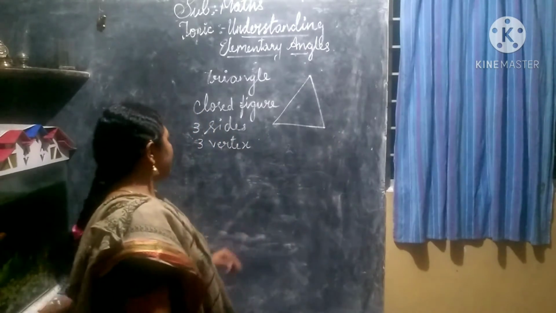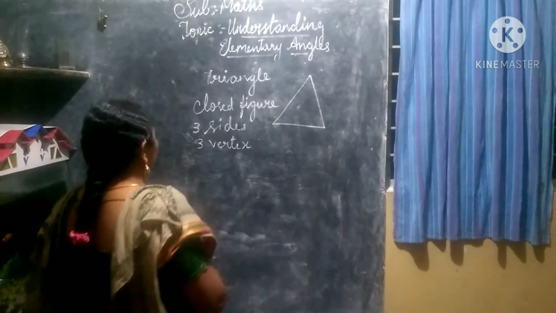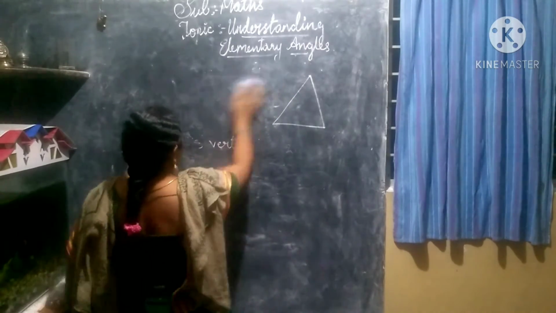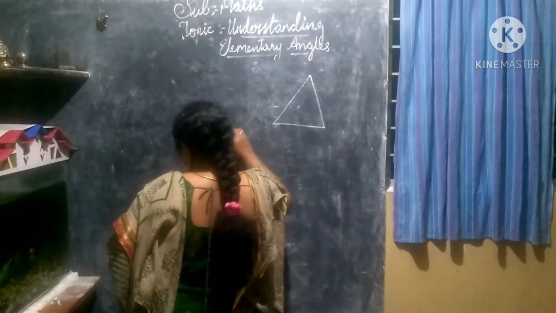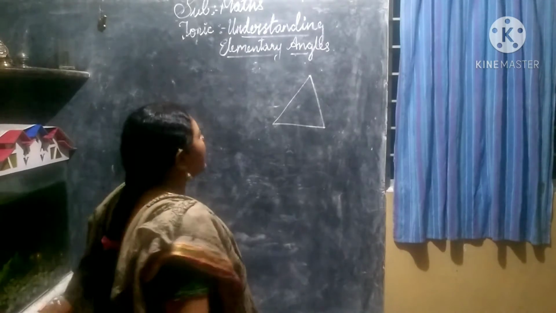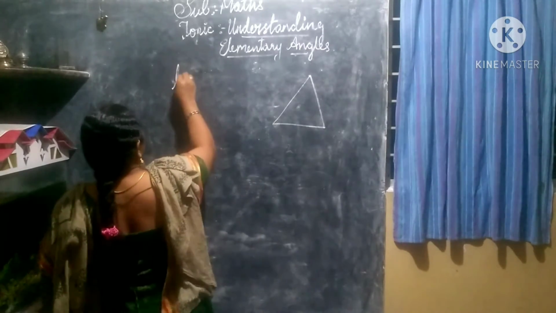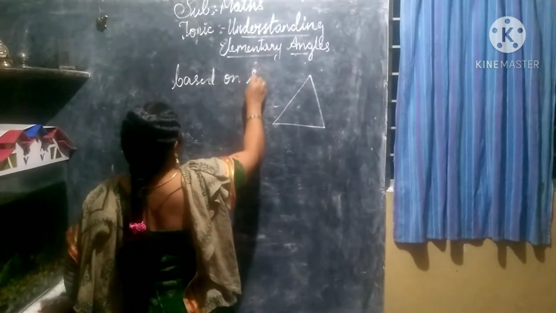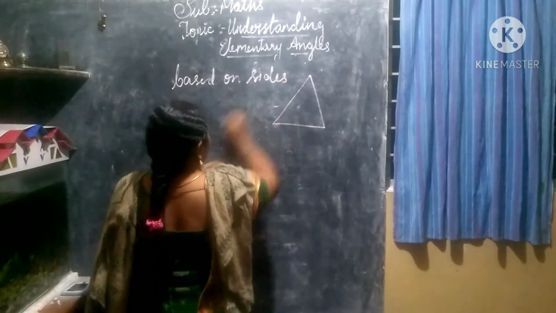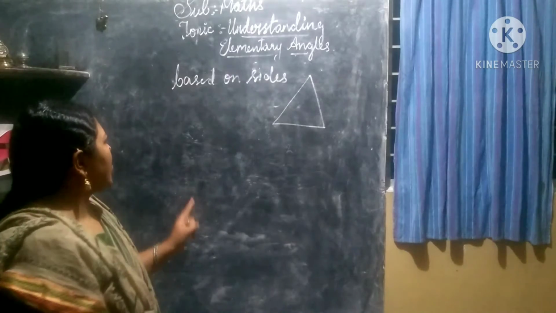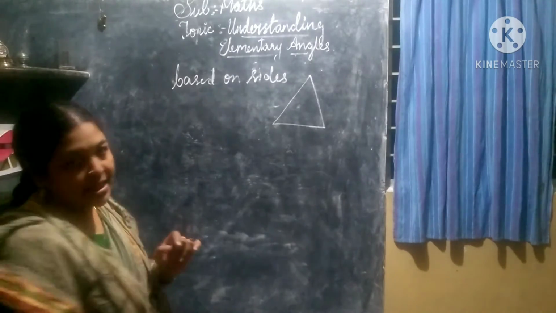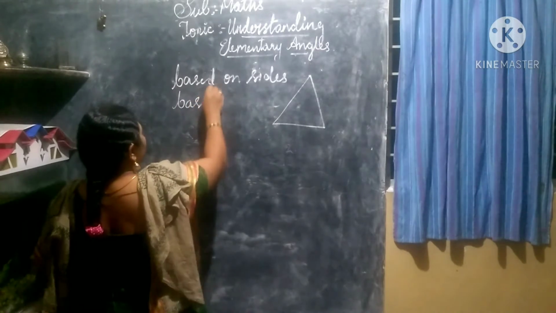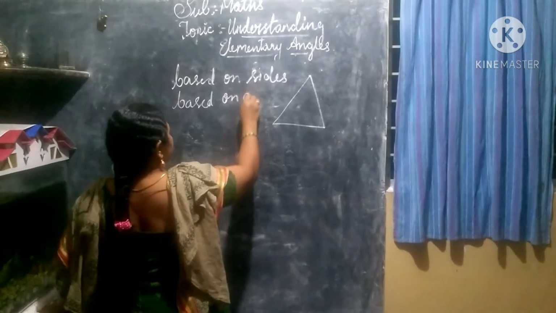And if we classify, we will classify this triangle into 6 types. The classification is on the basis of 2 different categories. One is based on sides, and the other classification is based on angles.